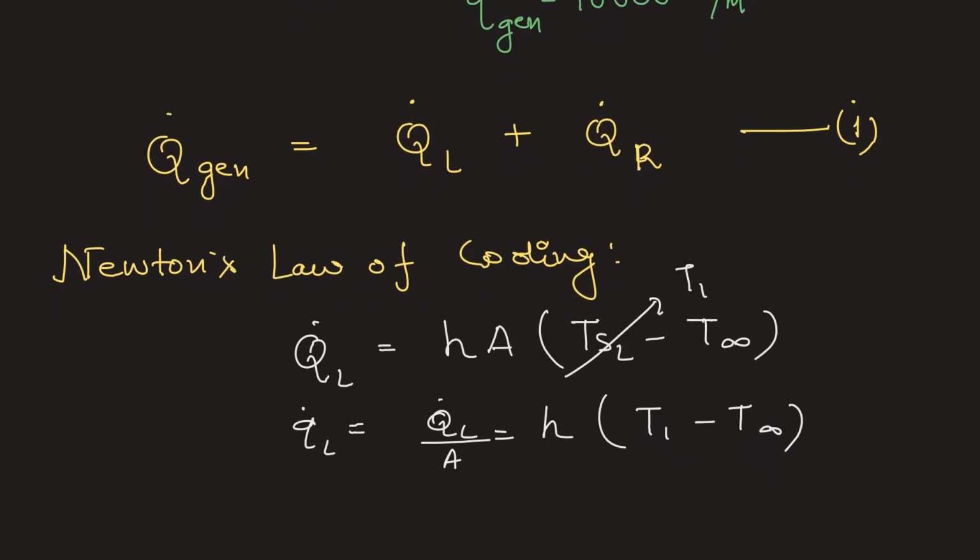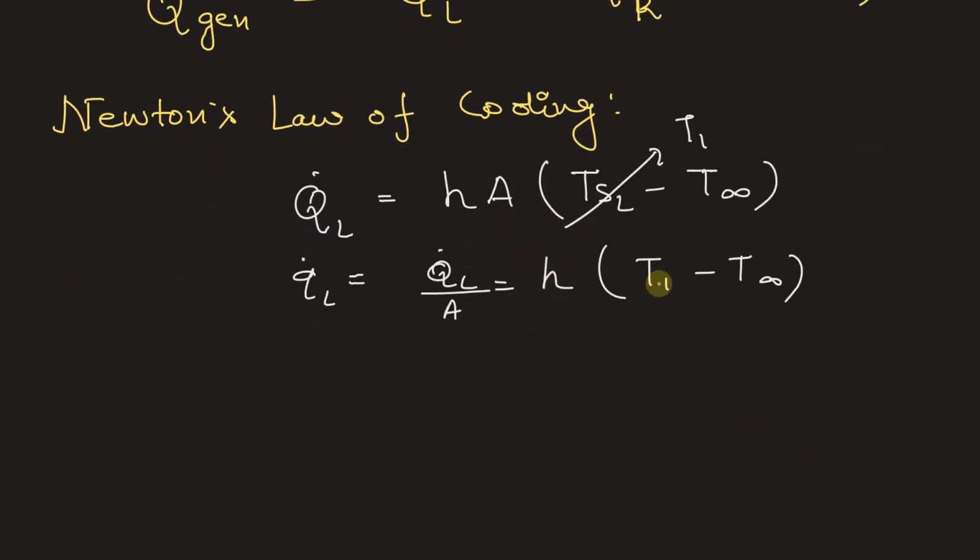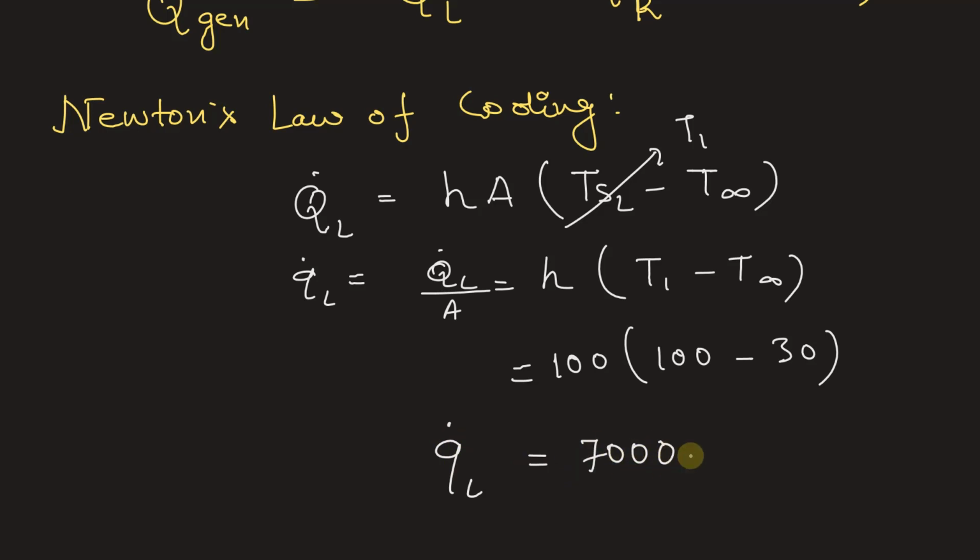Okay. Now let's write the value of h, T1 and T infinity here. h given here is 100, T1 is 100 degrees Celsius and T infinity is 30. Right, so heat flow rate in the left slab per unit area, if you calculate, we'll get 7,000 watt per meter square.